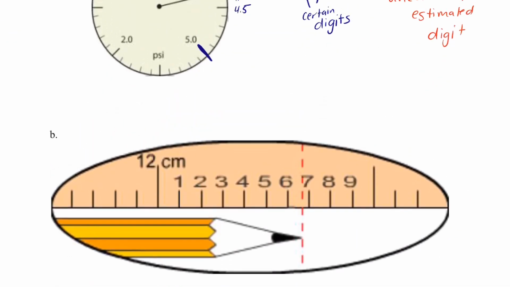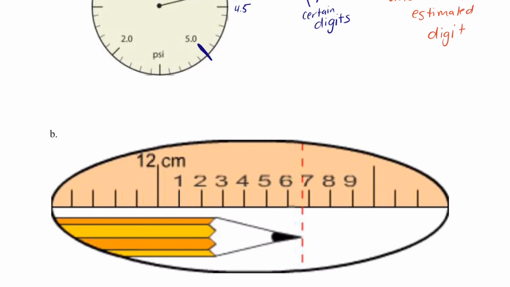Okay, so again, we know that it's at least 12.6 something centimeters, and since our tenths here are certain, we want to go out to the hundredths, and that looks like it's more than halfway between 6 and 7, so maybe I say that that is 8, but again, that is variable, but the fact that it goes out to the hundredths is not.